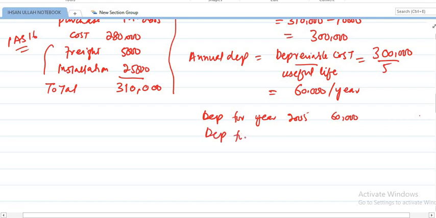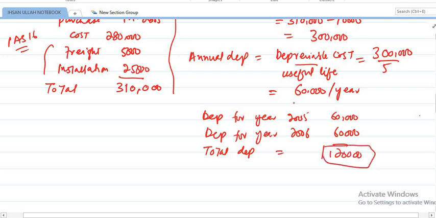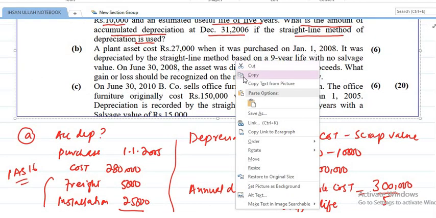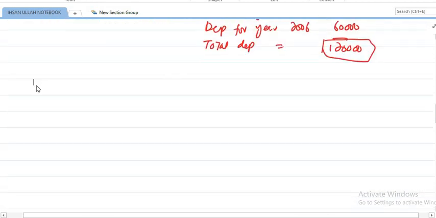Depreciation for 2006 will also be 60,000 because it's a straight line method, and the total accumulated depreciation will be 120,000. This is your requirement answer. Now let me copy this and paste it here so it will be easy for us.